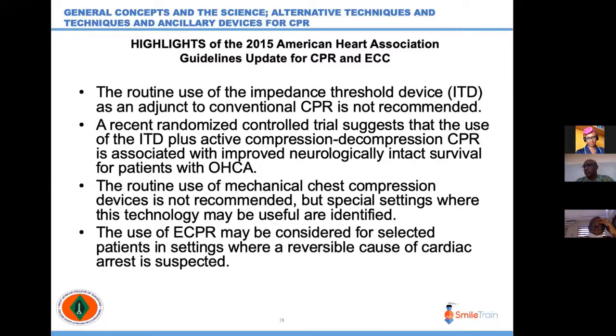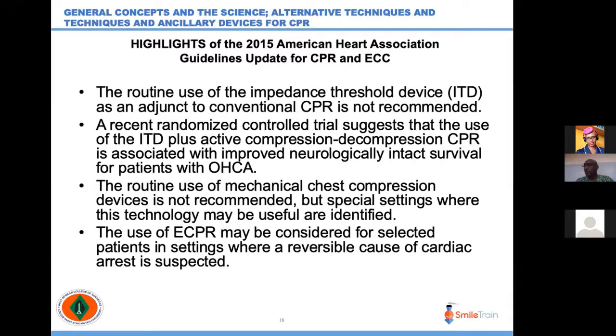So it should not replace conventional chest compressions. The second thing is randomized controlled trials suggest that ITD plus ACD CPR, when associated, have an improved neurological outcome, especially for out-of-hospital cardiac arrest patients. So maybe ambulances will circulate more with these devices.